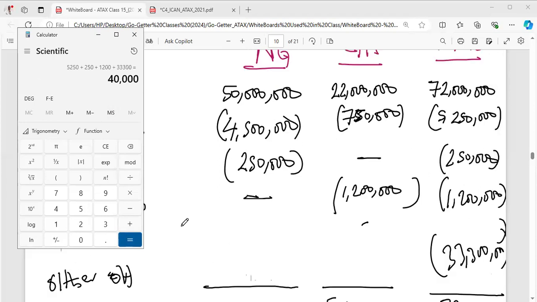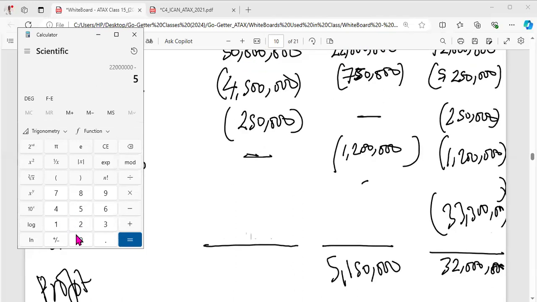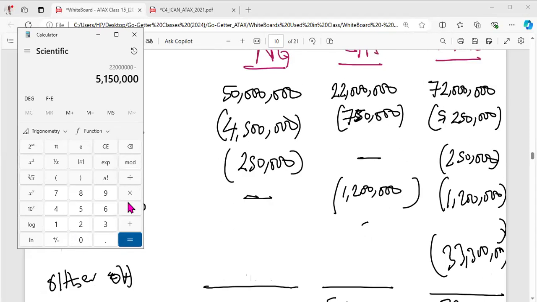So look at what we are going to do now. We'll start with 22 million minus this profit here, 5,150. Now let's start minusing these ones: minus 750, minus 1,200,000.